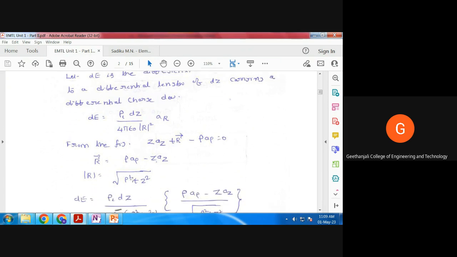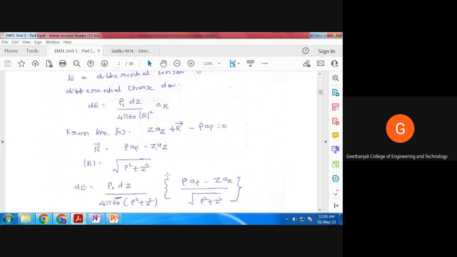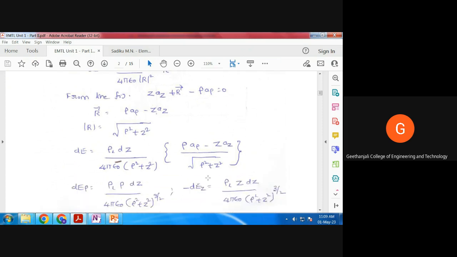This is the magnitude: root of rho square plus z square. So dE is equal to rho L into dz by 4 pi epsilon naught, R square meaning rho square plus z square. Unit vector a_R is equal to vector R, that is rho a_rho minus z a_z, divided by its magnitude, root of rho square plus z square.